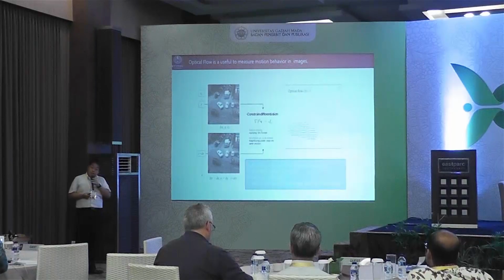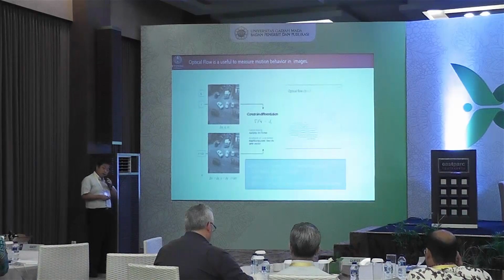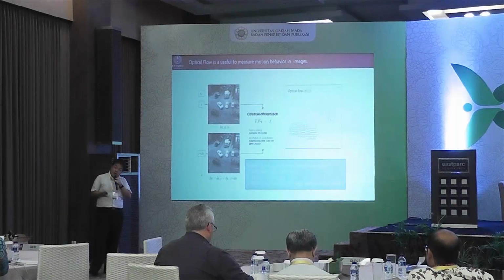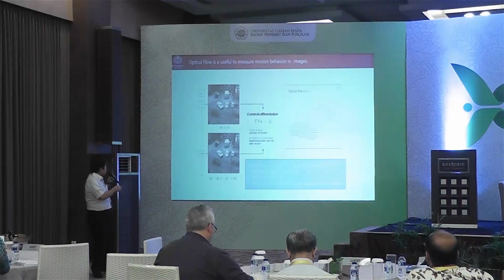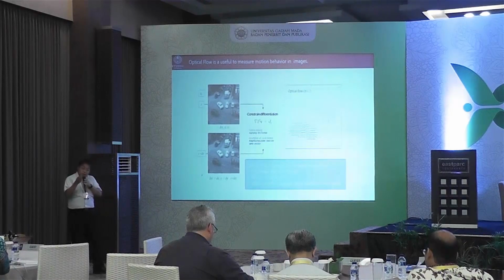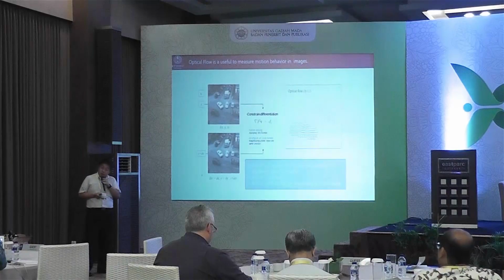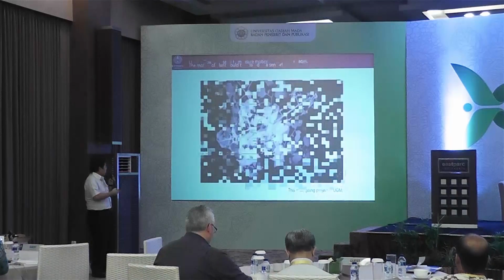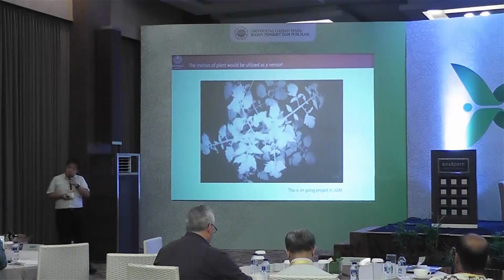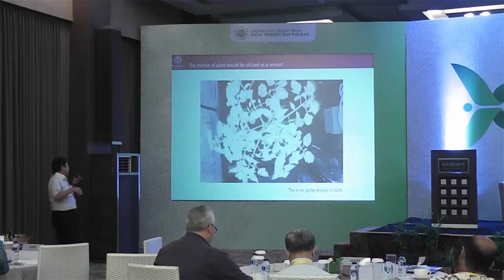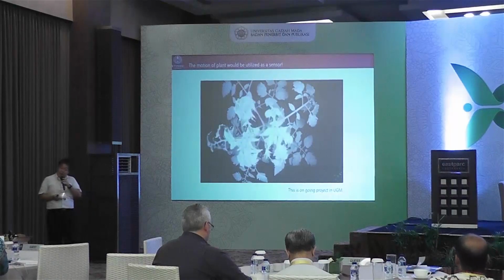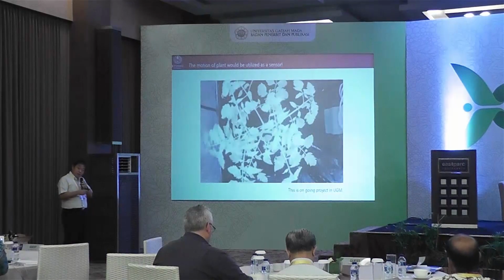To catch plant motion, we introduce the optical flow method. This is one of the typical image analysis methods to catch this kind of information. If the object moves during a constant interval, we get the motion of the object like this. This is an example of plant motion. You can see the dance of the plant. It is a very interesting property.